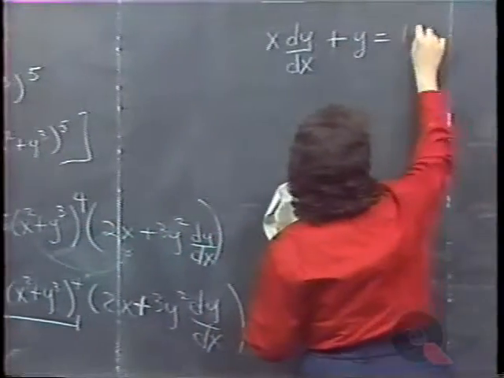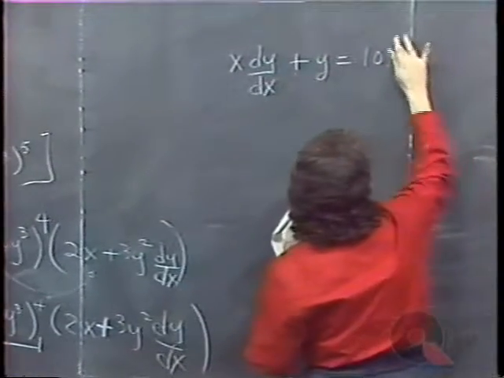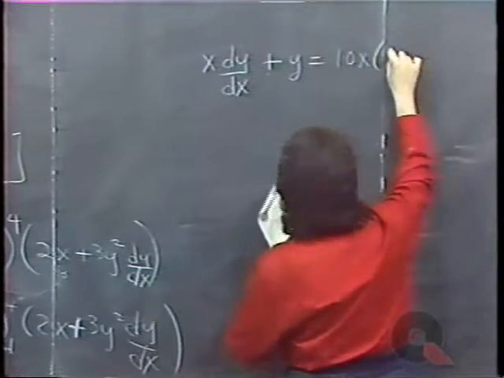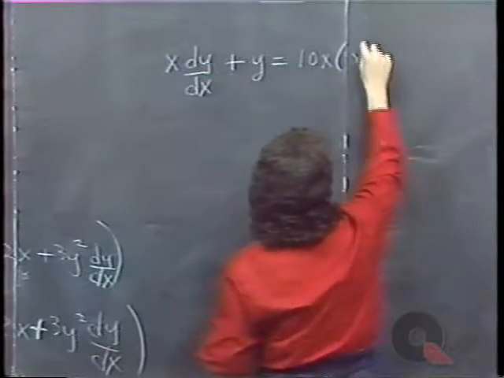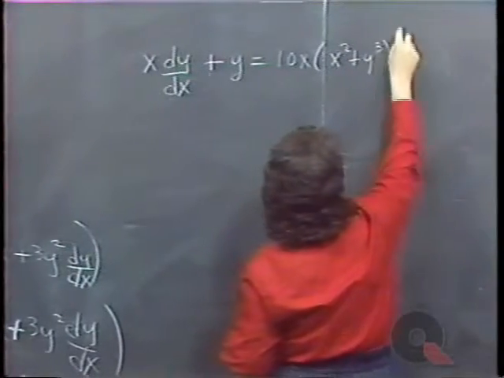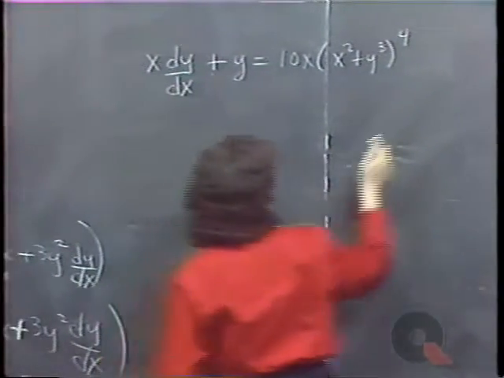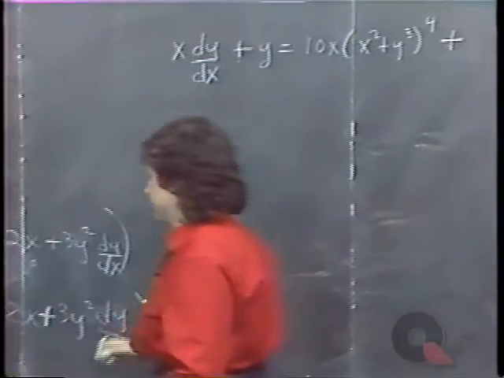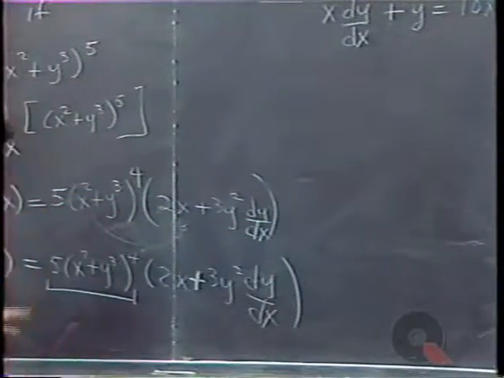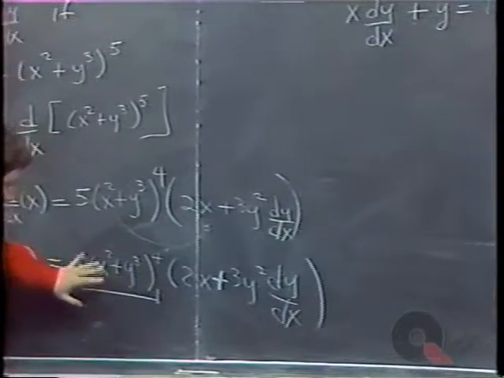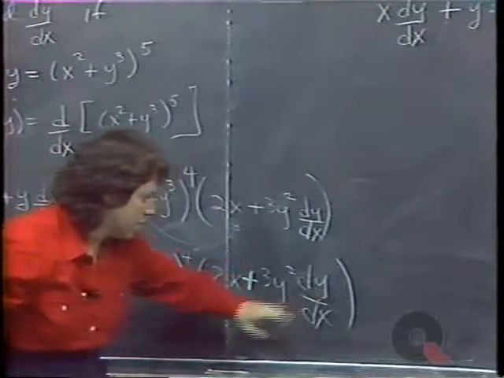So it's 10x times (x squared plus y cubed) to the 4th power, plus now we have to multiply this times the 3y squared dy/dx.